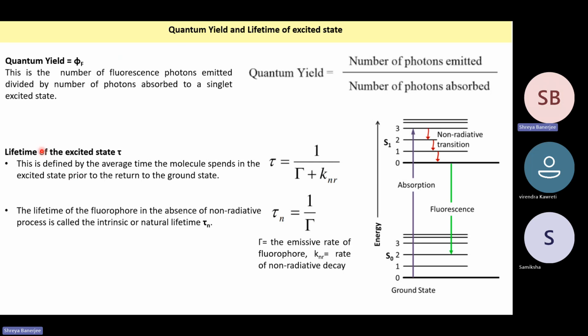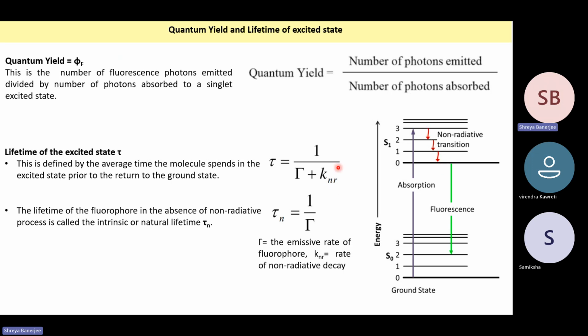There is another term called the lifetime of the excited state, and that is defined by 1 over (k_r + k_NR). So the relaxation can happen either by non-radiative processes, that is, suppose from one vibrational level it is coming down to the lower vibrational levels, these red arrows, these are called non-radiative processes.